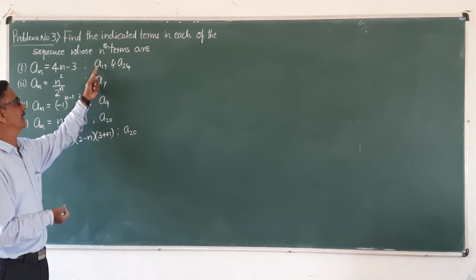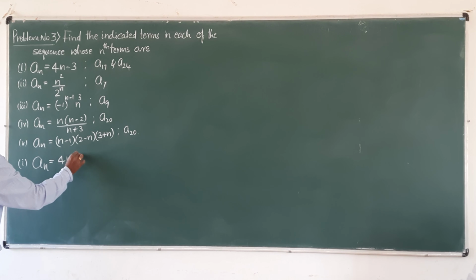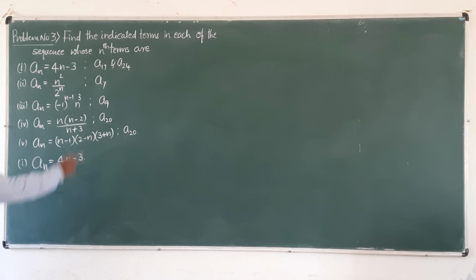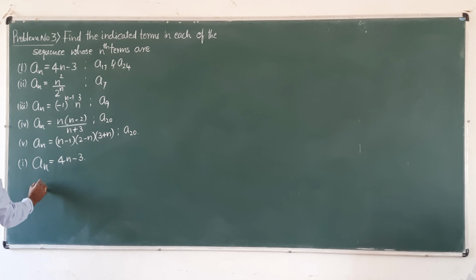Now look here. First one, given An is equal to 4n minus 3. Very simple question. Find the indicated term, it means to find A17. Therefore, A17 is equal to, put n equal to 17, that is 4 into 17 minus 3. 17 fours are 68, correct?